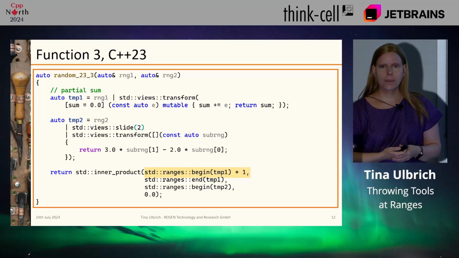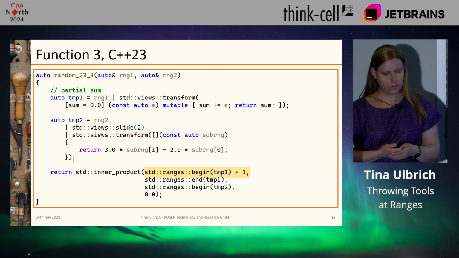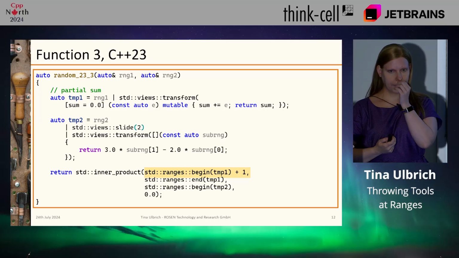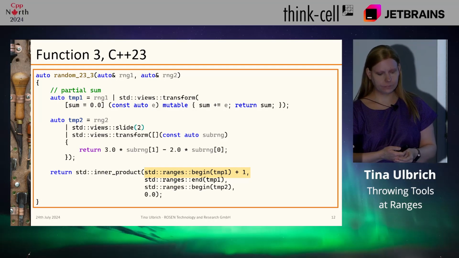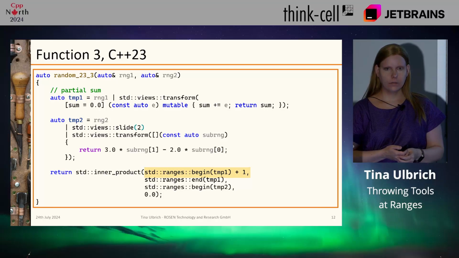In the case of inner product, because it only takes iterators and not a range, does it mean it's your responsibility as the caller to ensure the two input ranges are the same size? Yes. As far as I know, yes. But in this case, because your input ranges are derived from the parameters of the function, does that mean this function requires its input ranges to be the same size?